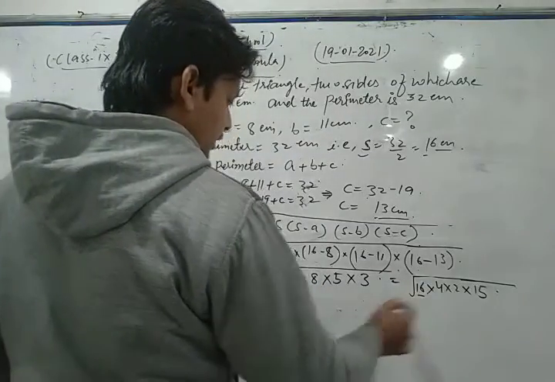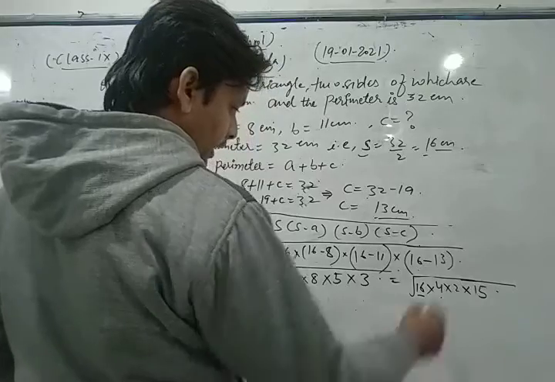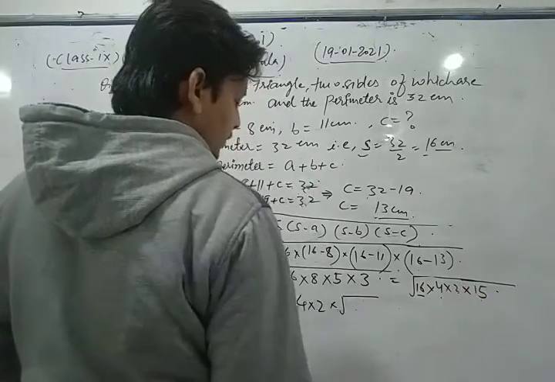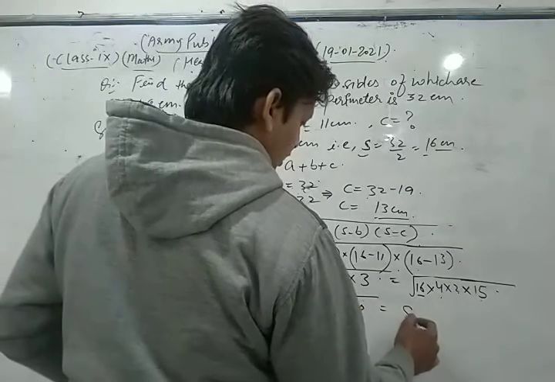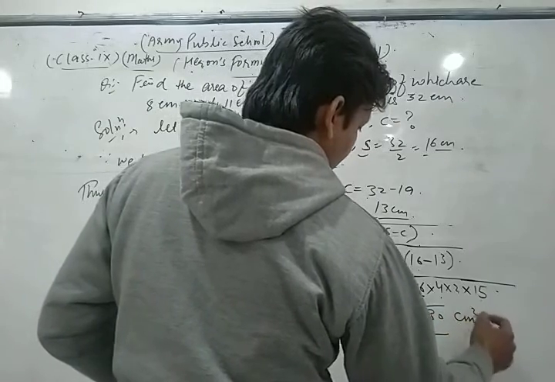The square root of 16 is 4, the square root of 4 is 2, and in square root we get 15. So 4 into 2 is 8 square root 30 centimeter square.